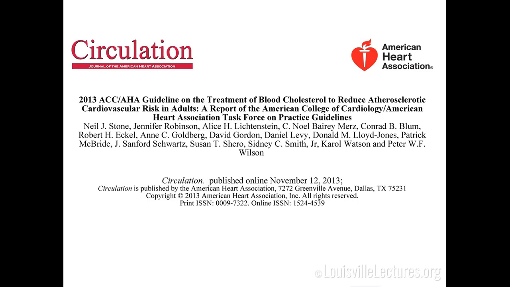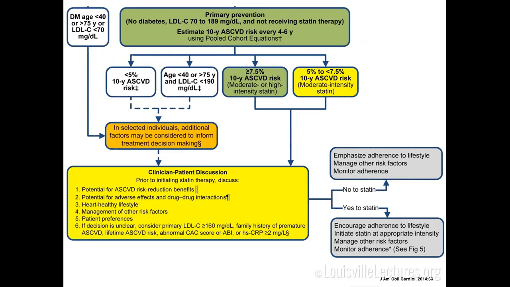What's important to note about these guidelines is this: one of the salient features on the guidance of who should receive statin therapy for cholesterol treatment is based on your total cumulative cardiovascular risk over the next 10 years. You could see here in this algorithm for primary prevention, if you have a calculated risk score of more than 7.5% over the next 10 years, you're recommended to take moderate or high dose statin.